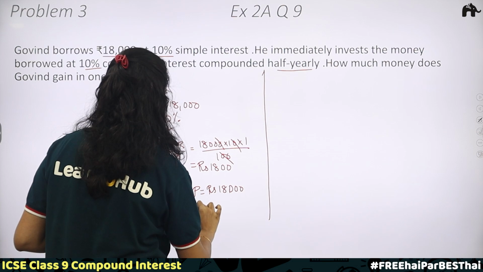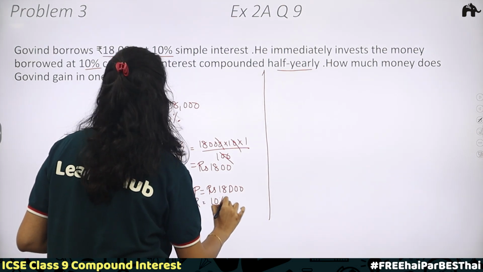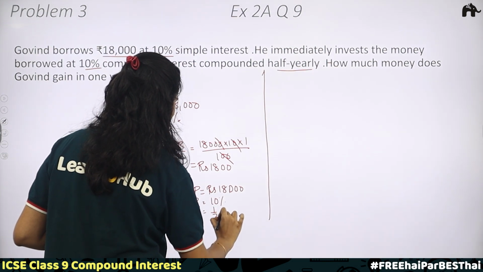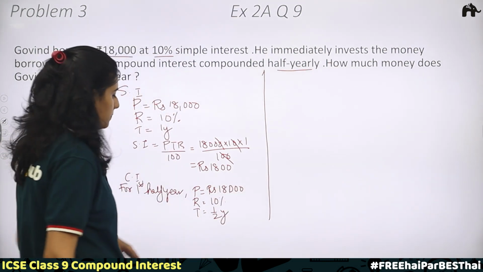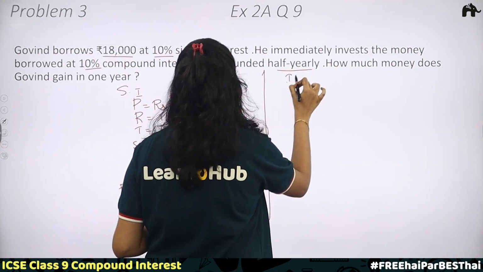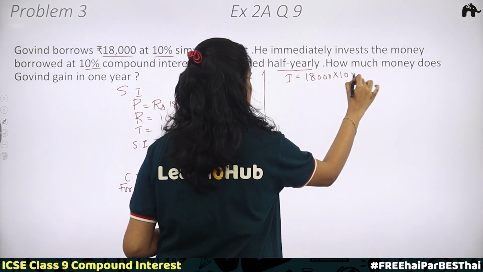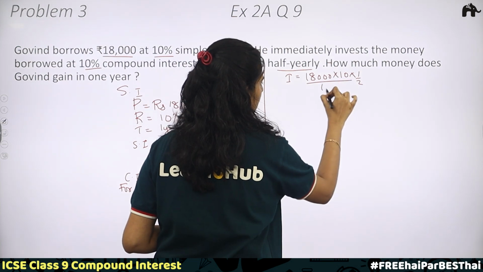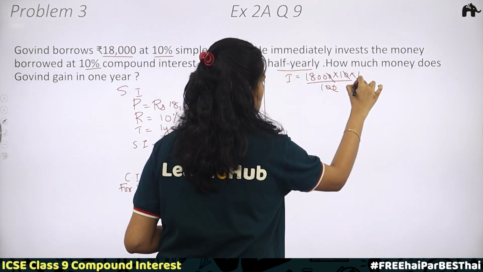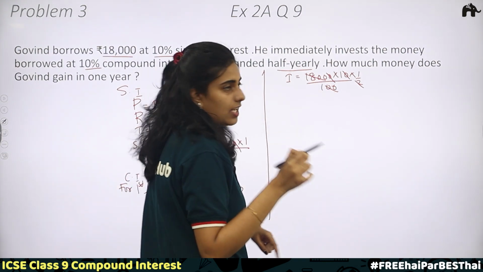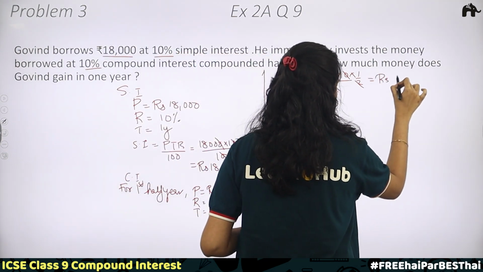Then rate of interest is same, that is 10%. Time will be equal to half year we are finding, so half. Interest will be equal to 18,000 into 10 into half divided by 100. Cancelling zeros, 2 and 1,800 when cancel, you will be getting rupees 900.